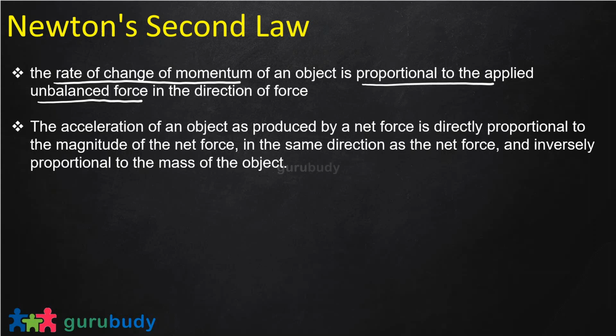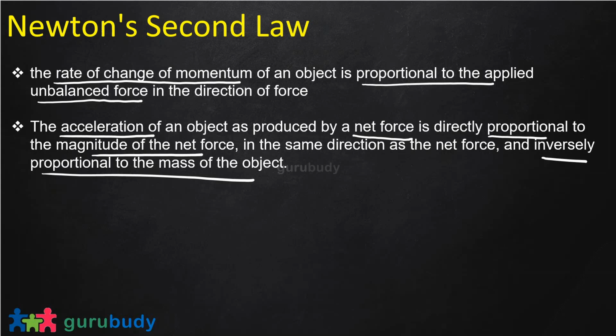The second definition says that the acceleration of an object produced by the net force is proportional to the magnitude of the force and inversely proportional to the mass of the object. Both definitions are the same, and in a second we will understand them in more detail.